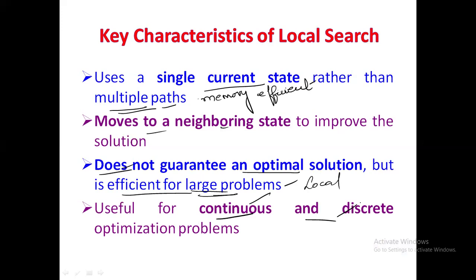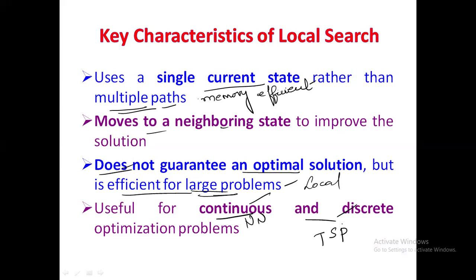In continuous optimization, it helps find optimal values for mathematical functions, such as in neural network training or engineering design, etc. In discrete optimization, it is applied to combinatorial problems like the TSP, the traveling salesman problem, job scheduling, and 8-Queens problems, etc.